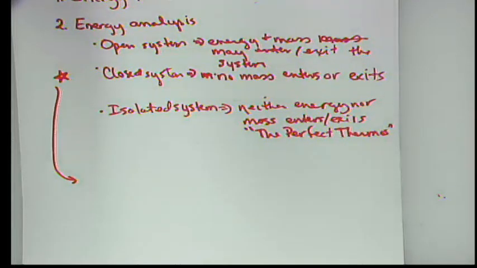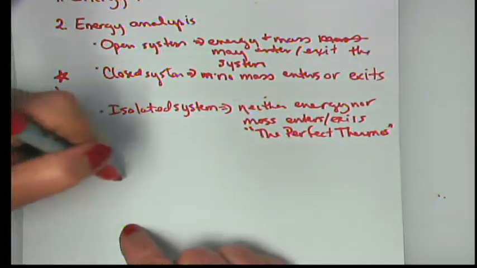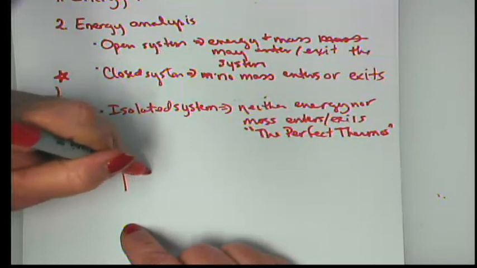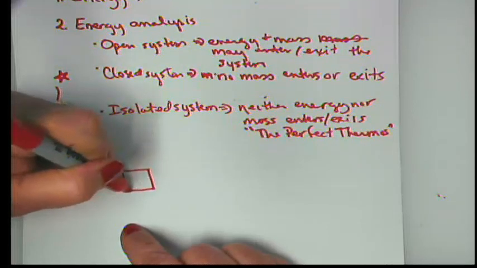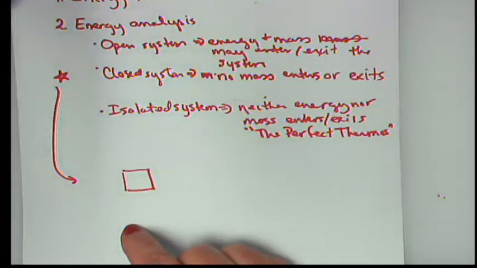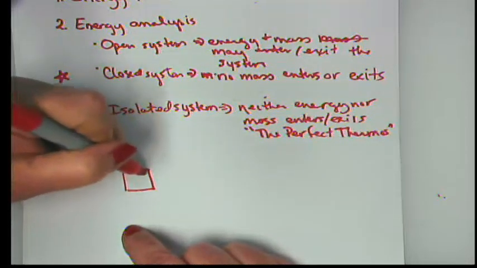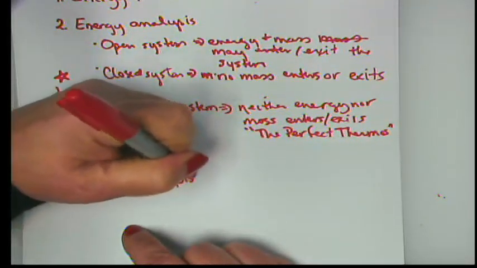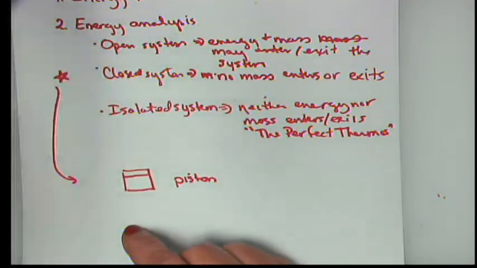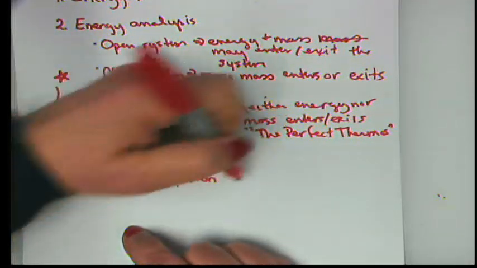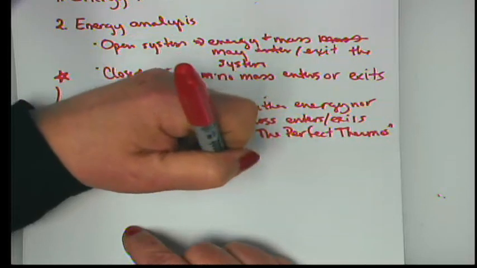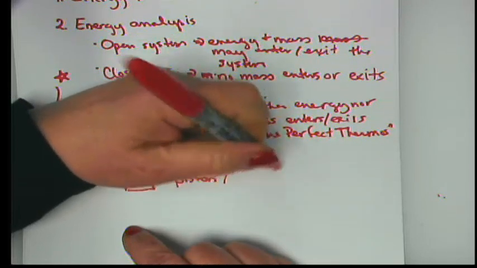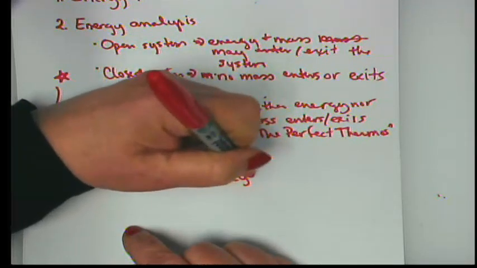So what we're going to talk about today is a closed system where no mass enters and exits. There are a lot of examples of this. One of the types of examples that we talk about frequently in thermodynamics is a piston fitted into a cylinder.